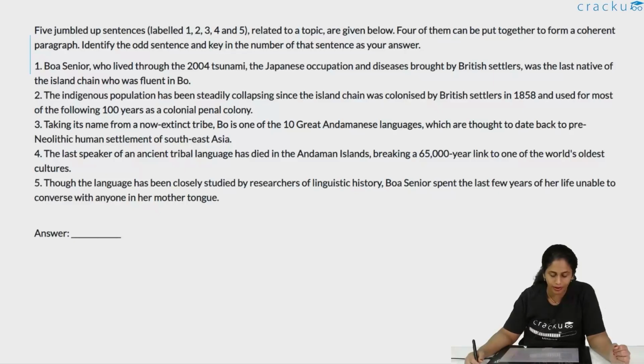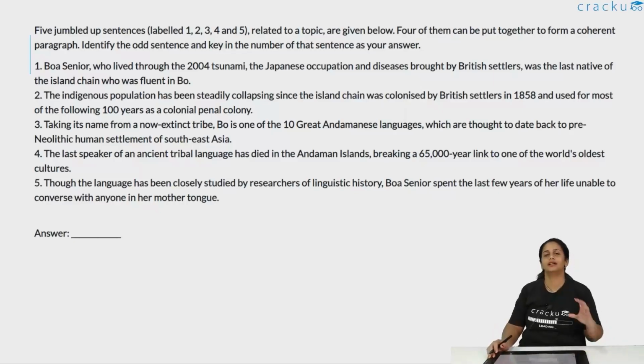Taking its name from a now extinct tribe, Bo is one of the 10 great Andamanese languages, which are thought to date back to pre-Neolithic human settlement of Southeast Asia. The last speaker of an ancient tribal language has died in the Andaman Islands, breaking a 65,000-year link to one of the world's oldest cultures. Though the language has been closely studied by researchers of linguistic history, Boa Senior spent the last few years of her life unable to converse with anyone in her mother tongue.